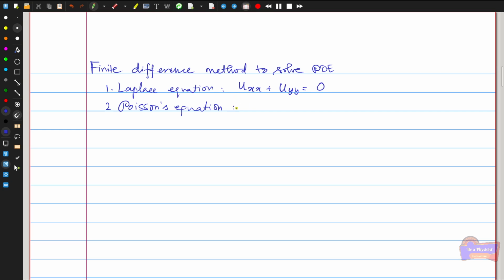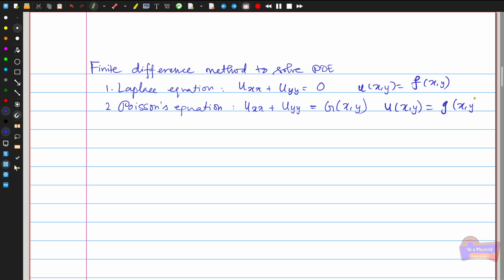And the Poisson equation is given as u of xx plus u of yy equal to some g of x comma y. So we have taken the Laplace and the Poisson equations with boundary values. The boundary condition to solve the Laplace equation is u of x comma y equal to a function f of x comma y. And for the Poisson equation, we have u of x comma y equal to some g of x comma y.